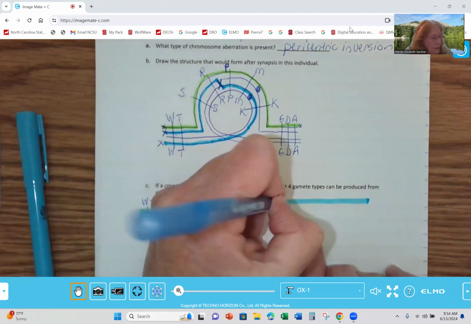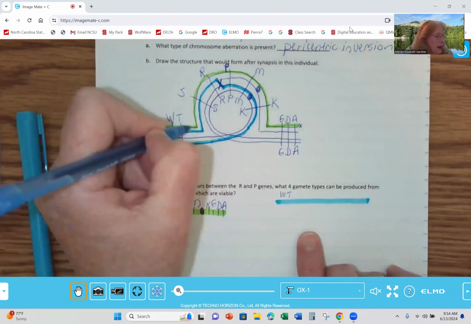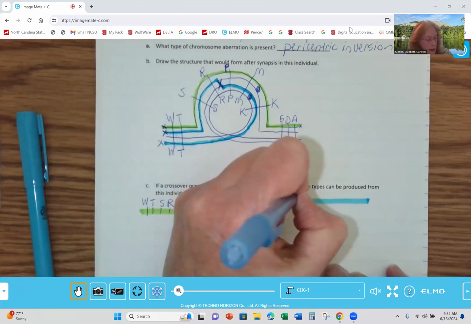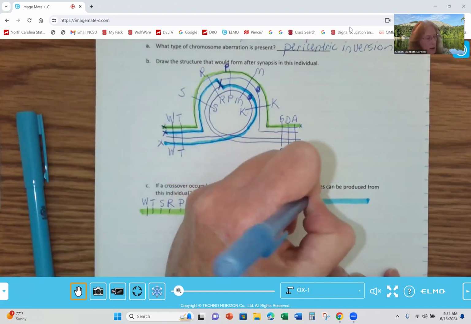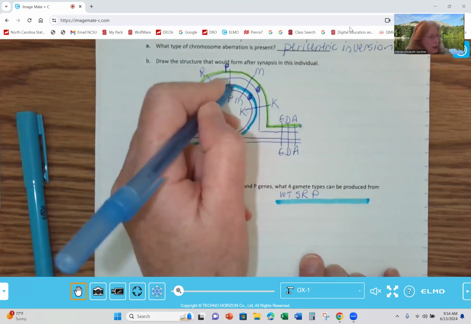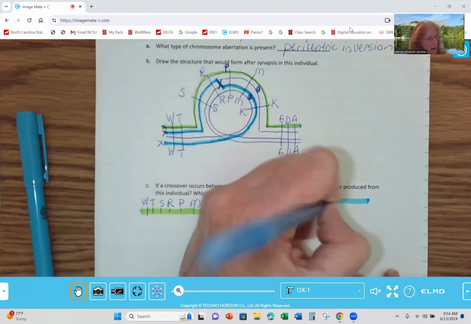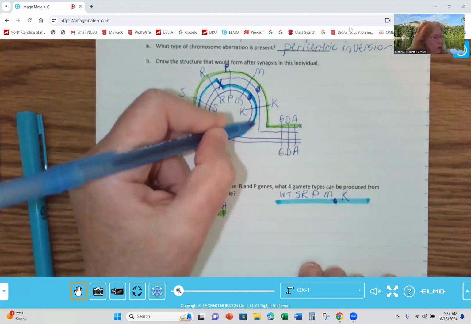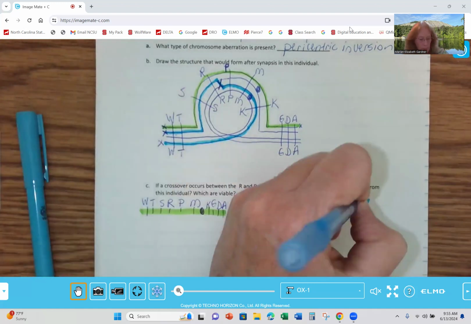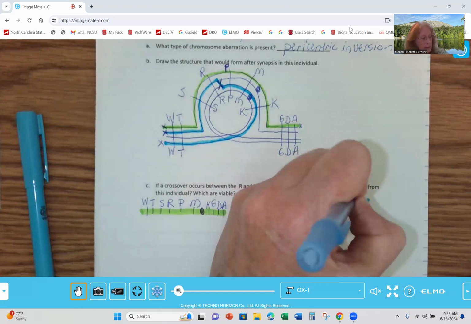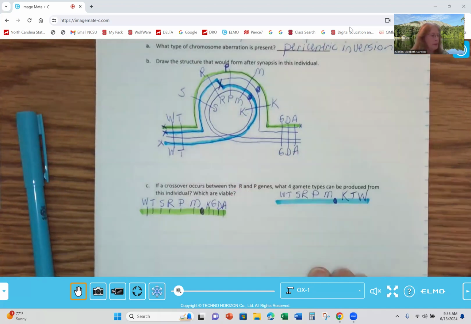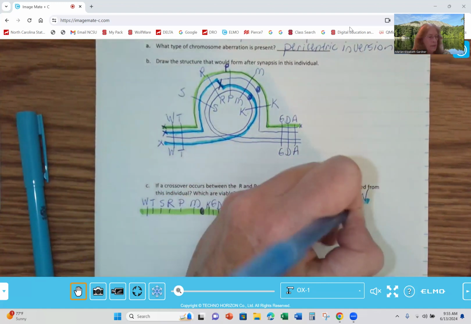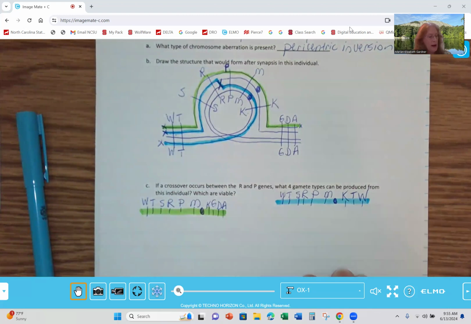WT SR cross down P, M centromere K, TW. And this is not viable.